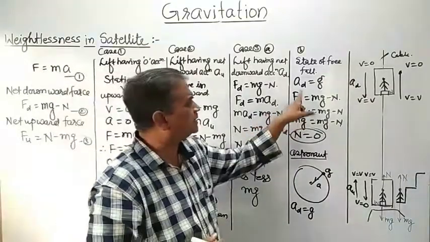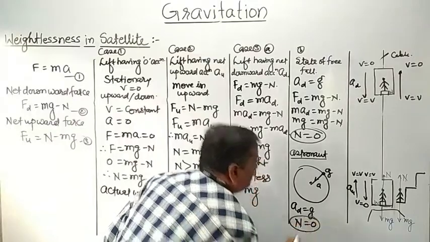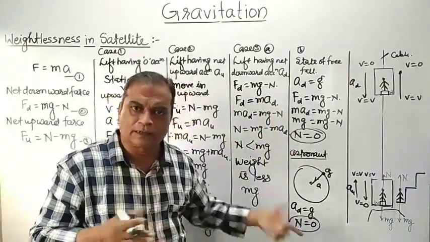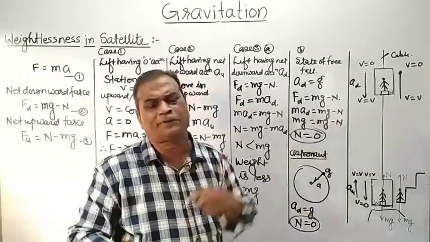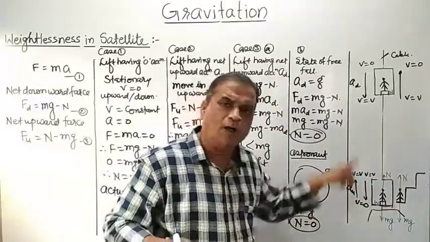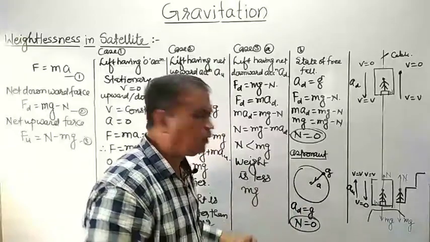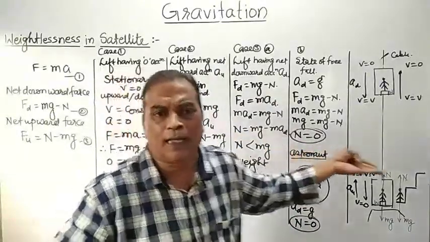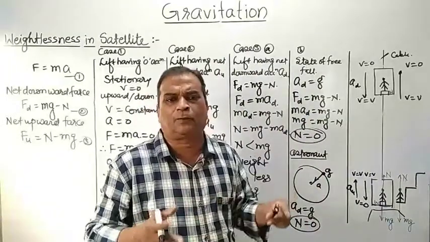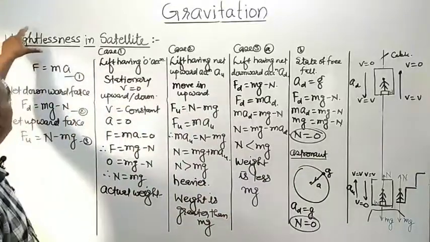And when a_d is equal to g, the normal reaction acting on an astronaut is 0, meaning the floor of the satellite will not exert any normal reaction on the astronaut, and so the astronaut in a satellite will have a feeling of weightlessness.